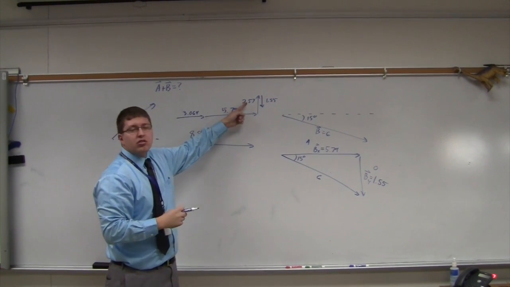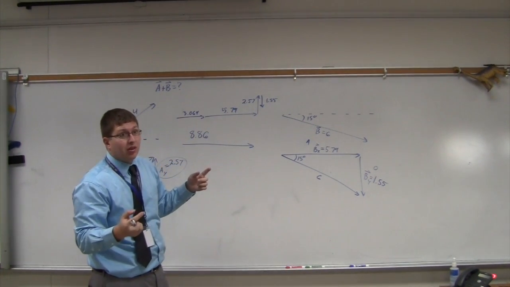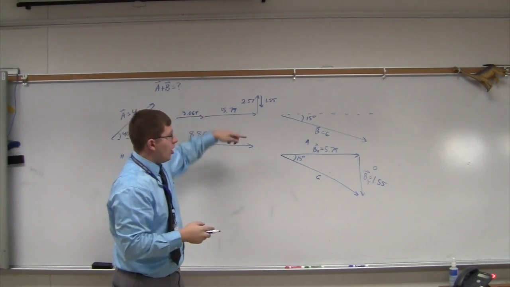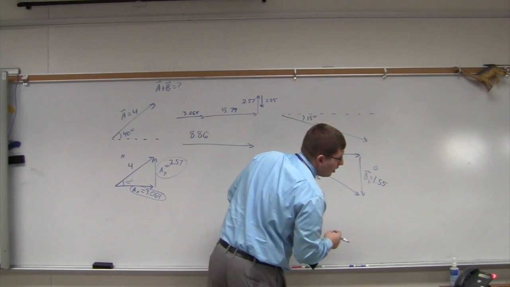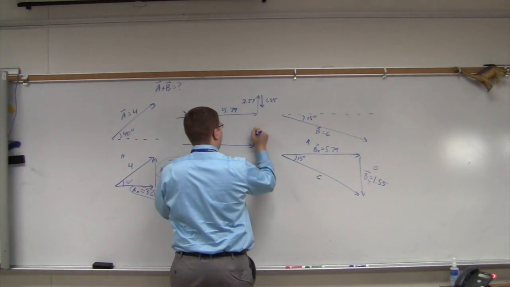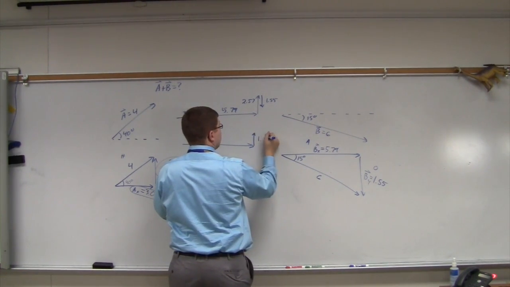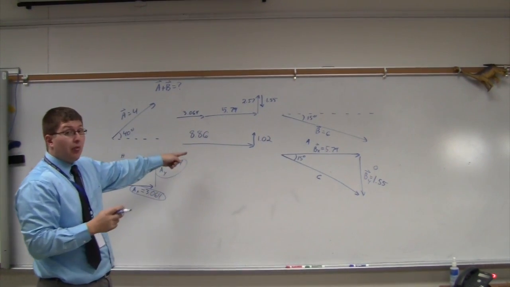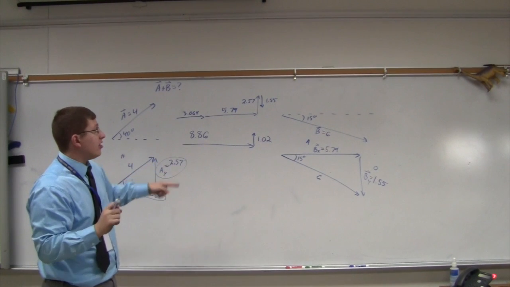If I add up these two vectors going in opposite directions, again, a problem I now know how to do, I have 2.57 going up, 1.55 going down. I should get a grand total of about 1.02 going up.